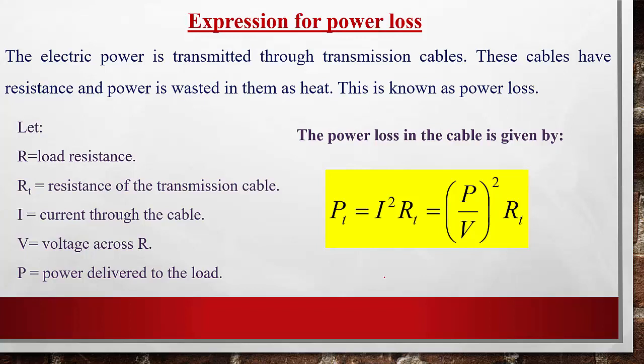Then the expression for power loss. Why power loss takes place, we already studied in the video lecture current electricity 17th part. Here we can revise once again. The electrical power is transmitted through transmission cables. These cables have resistance, and the power is wasted in them as heat.